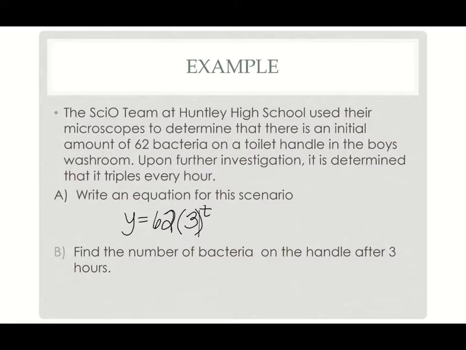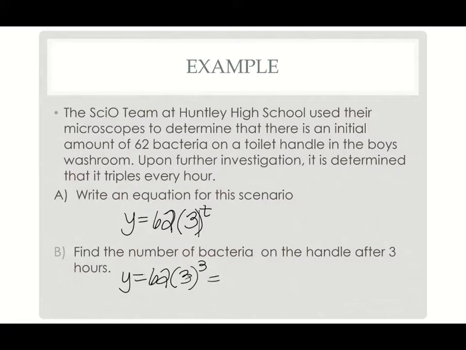So now for b, to find the number of bacteria on this handle after 3 hours, we would plug in 3 for time, because that's the amount of time that's elapsed. So to find our final value, we have y equals our initial value, 62, times our multiplier, 3, raised to the 3rd power.